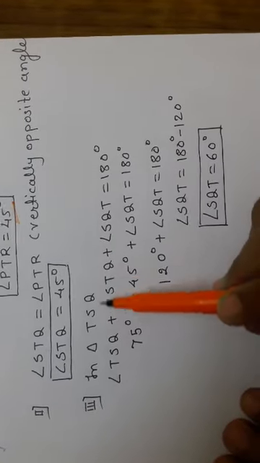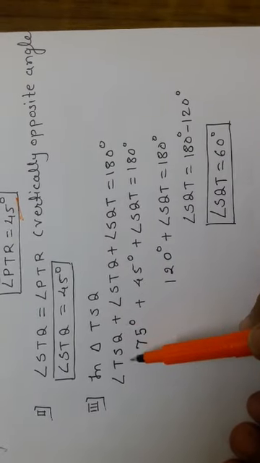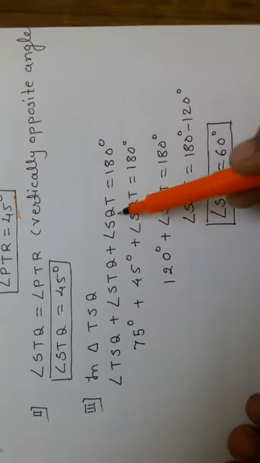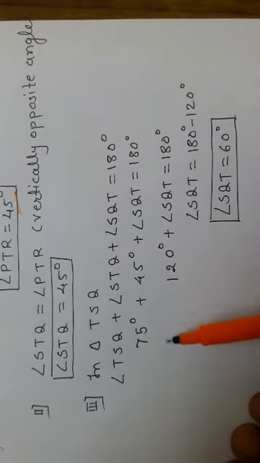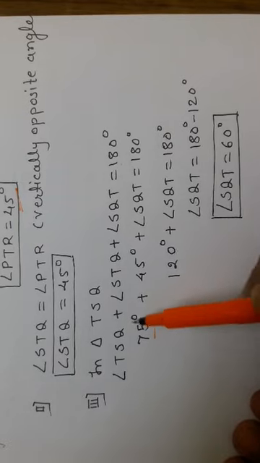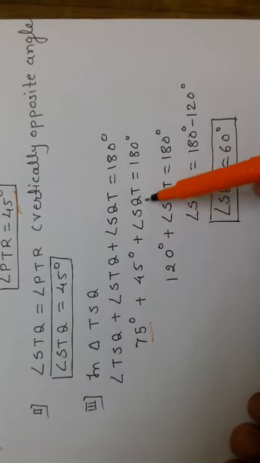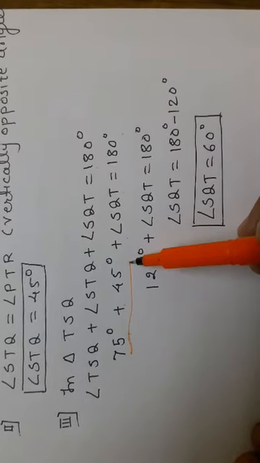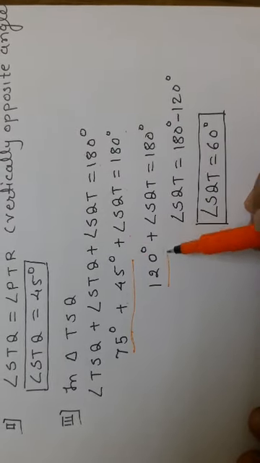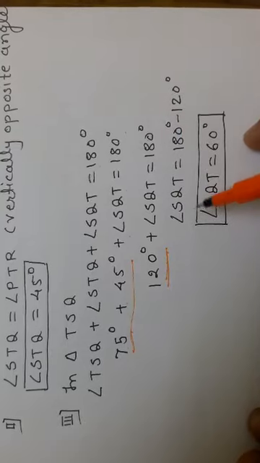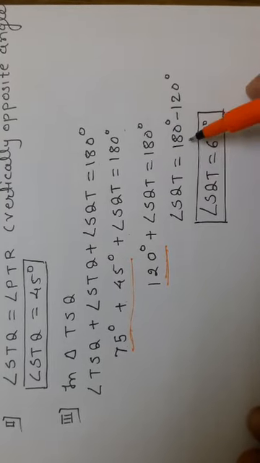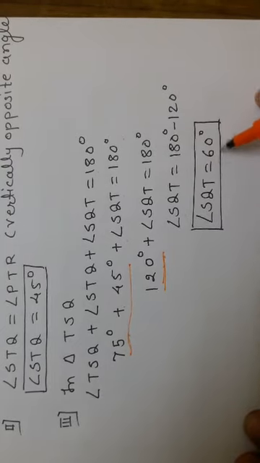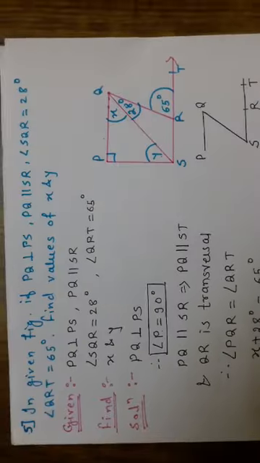In triangle TSQ, angle TSQ plus angle STQ plus angle SQT is equal to 180 degrees. These two angles we know: 75 degrees plus 45 degrees plus SQT is equal to 180 degrees. The sum of 75 plus 45 is 120 degrees. So we shift it to the right hand side. Angle SQT is equal to 180 degrees minus 120 degrees, which means angle SQT is equal to 60 degrees.